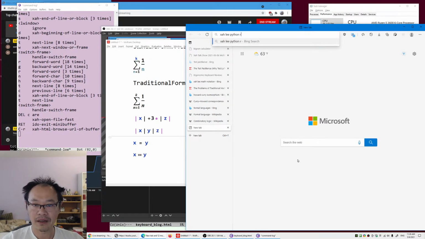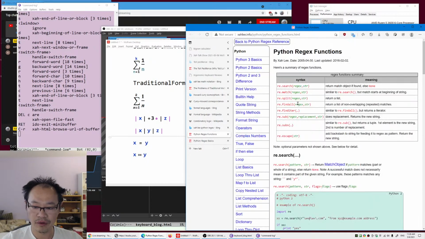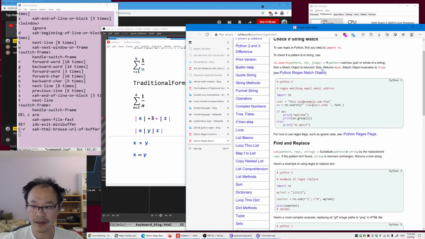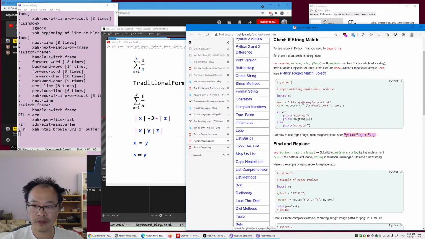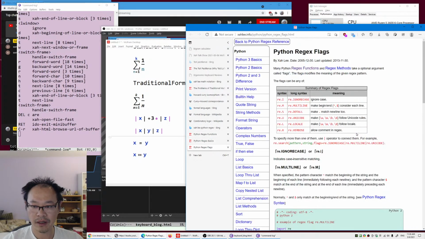I have an article that is a tutorial on Python's regular expressions: regular expression basics, regular expression flags, and regular expression functions.